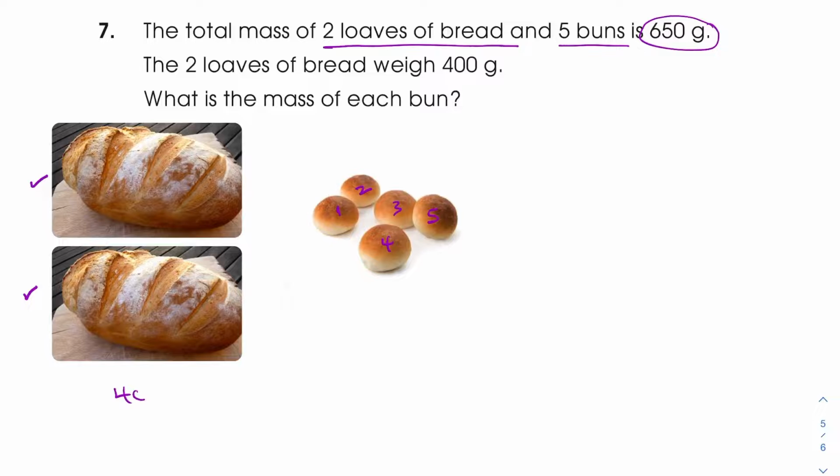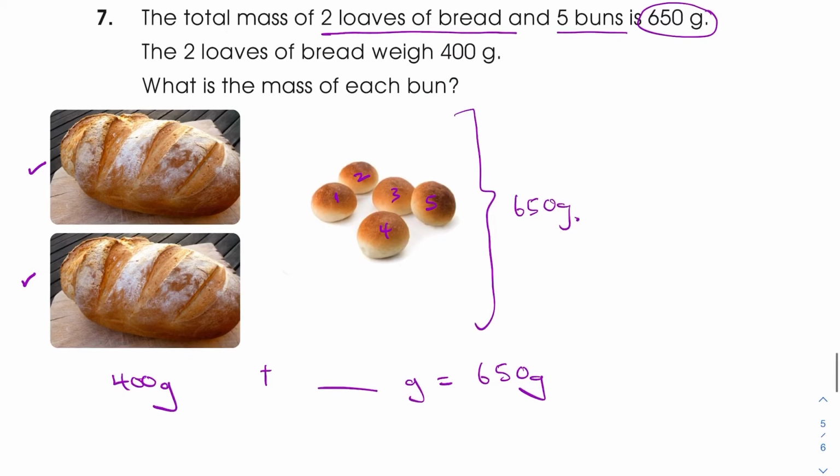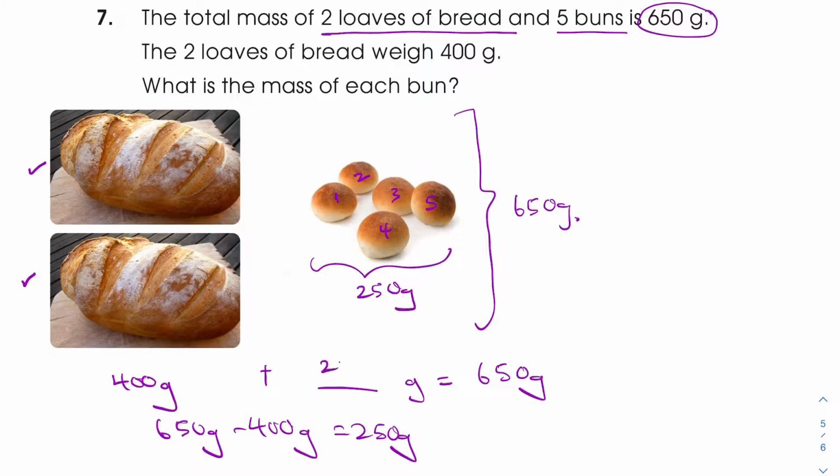So this is 400 grams, and the total mass is 650 grams in total. So if I take 650 grams minus 400 grams, it will give me 250 grams. So the mass of 5 buns is 250 grams.